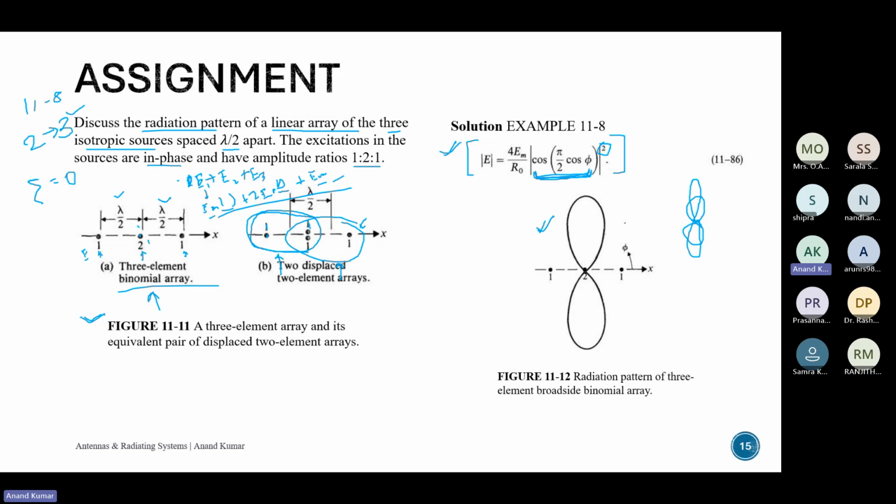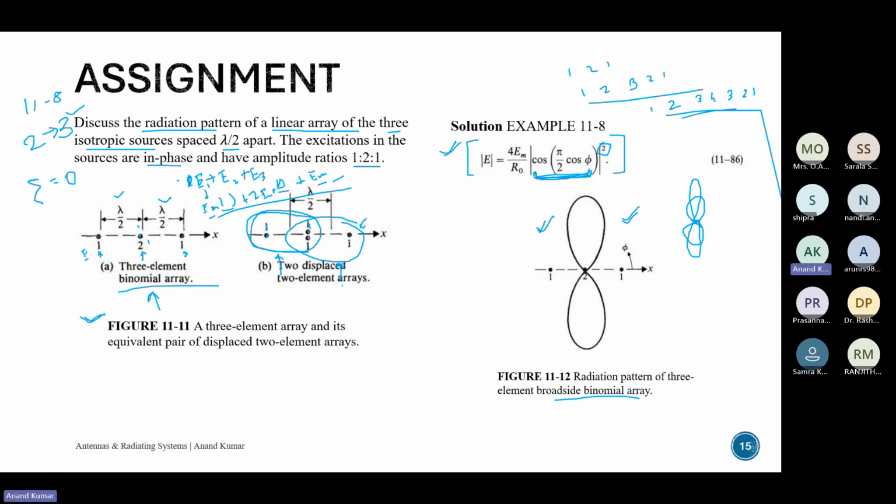So this is the radiation pattern that we get for a broadside binomial array. A binomial array is basically like 1 to 1, or 1 to 3 to 1. This can be even longer, like 1 2 3 4 3 2 1. So this is a binomial array.